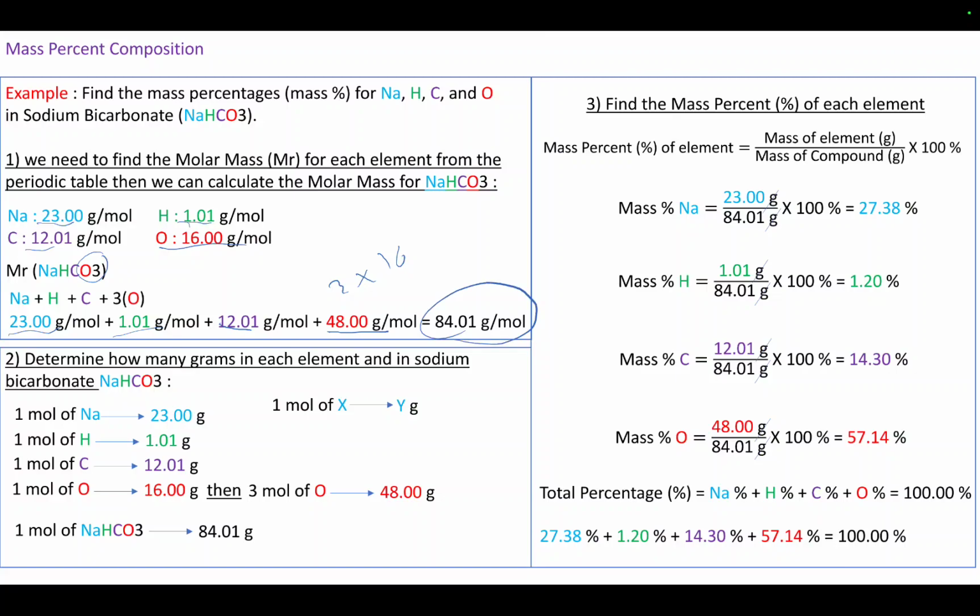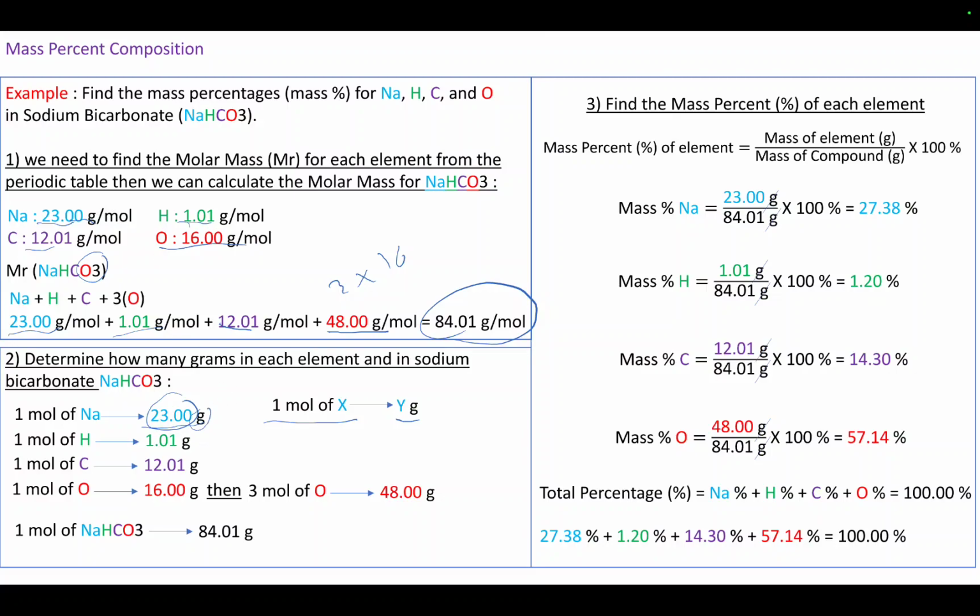That gives us 84.01 gram per mole. In the next step we convert from the gram per mole unit to the gram unit. The idea is that 1 mole of a specific element gives us this amount of gram. That means 1 mole of Na is equal to 23.0 gram, and this is the same number as the molar mass you can see at the top, in the first step. But rather than writing gram per mole, we write gram.